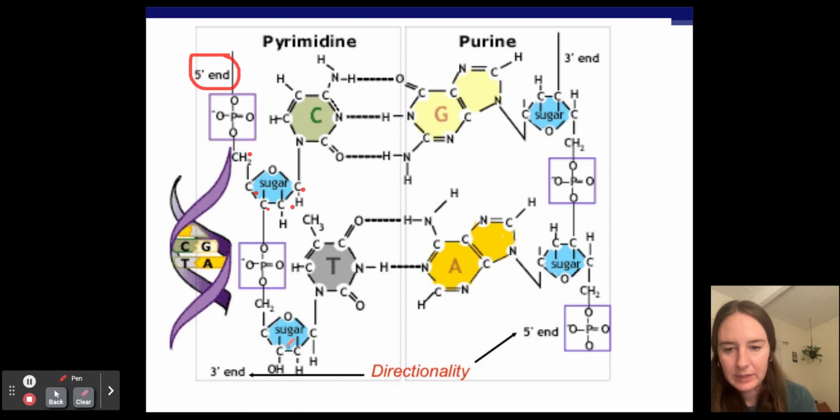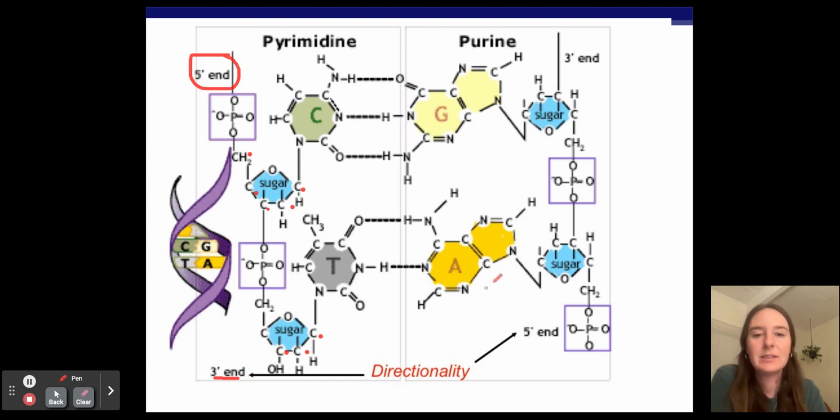Whereas if we look down here, we call this a 3' end. Why is that? Let's find our carbon 1. Carbon 1 would be here because it's like the thumb, it's connected to our base. Carbon 2, carbon 3, and so down here is our 3' end because it ends on our 3rd carbon. So this is the directionality of the molecule, 5' to 3'.